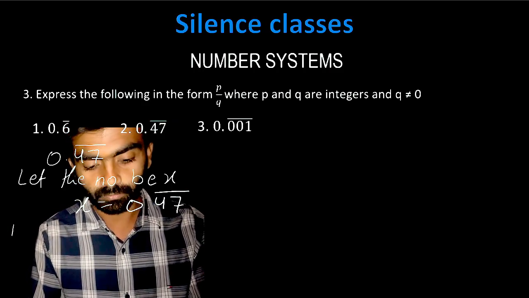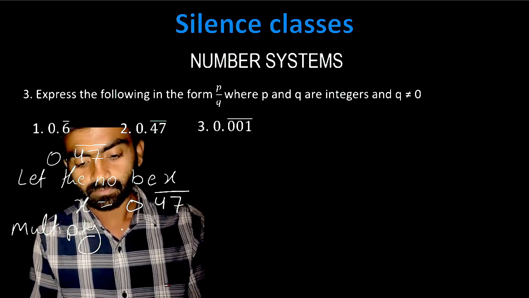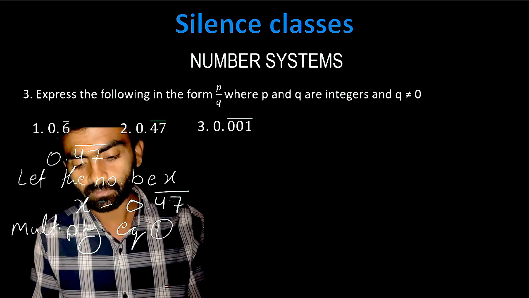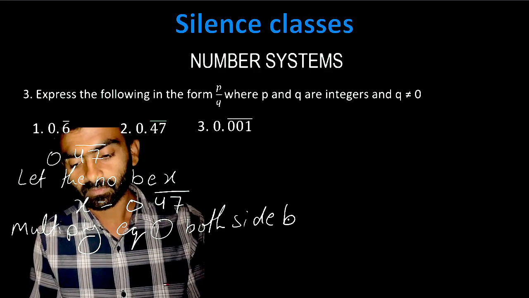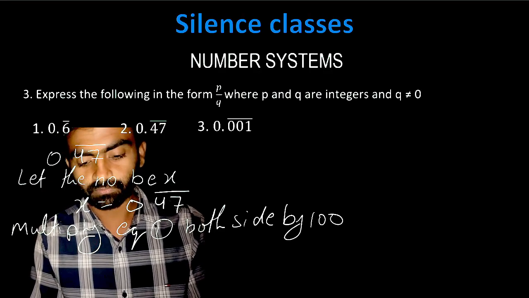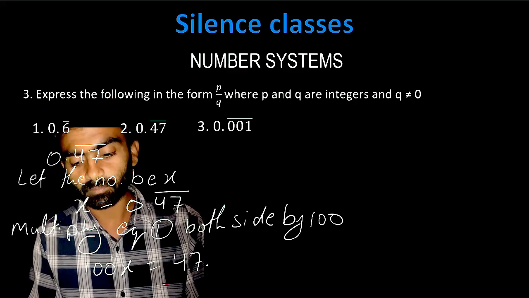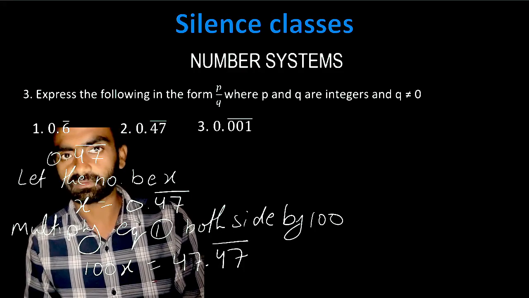Multiply equation 1 both sides by 100. So it will become 100x is equal to 47.47, and we put the bar over it because 47 is repeating itself.